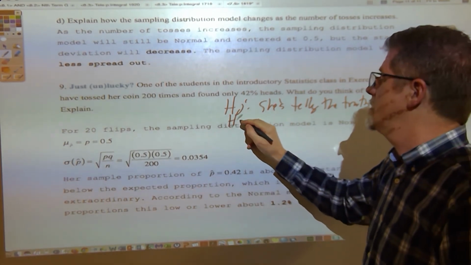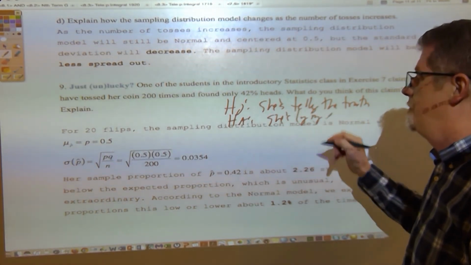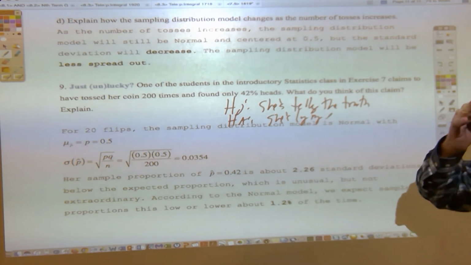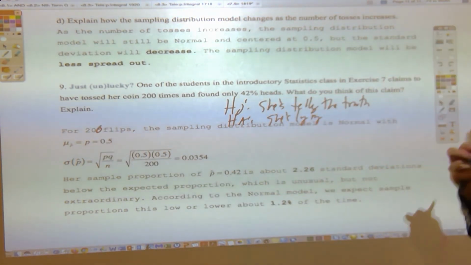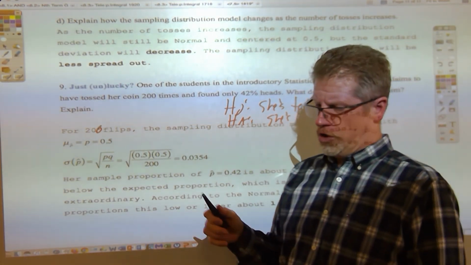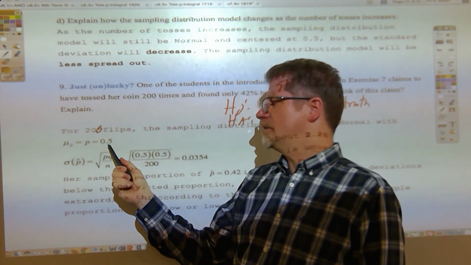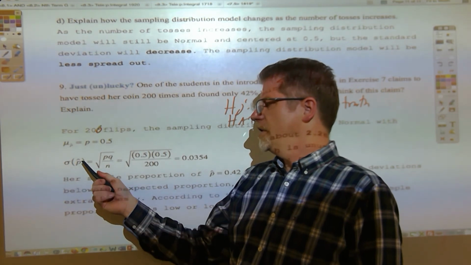Alternate hypothesis: she's lying. So for 200 flips, the sampling distribution is normal with a mean of 0.5. The mean of the sampling distribution of sample proportions is the same as the mean of the population, which is 0.5.